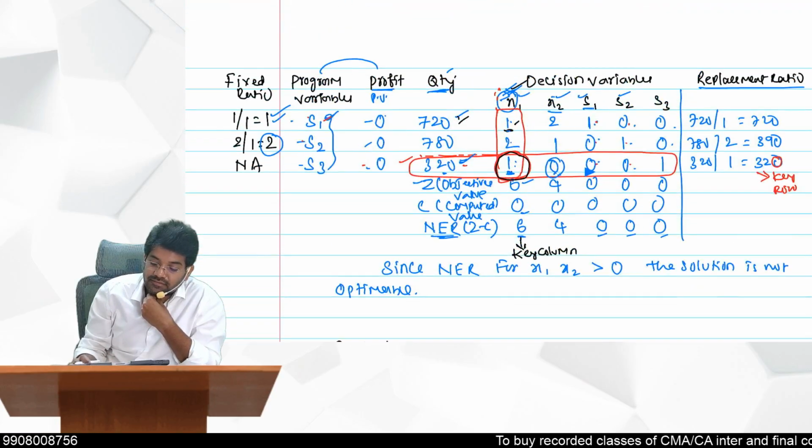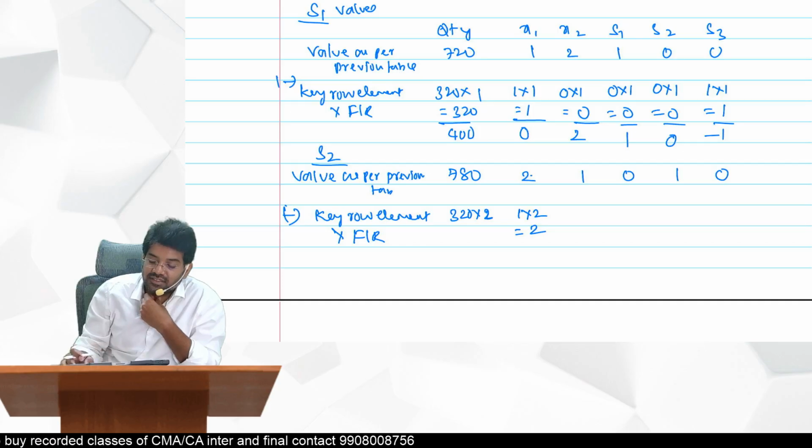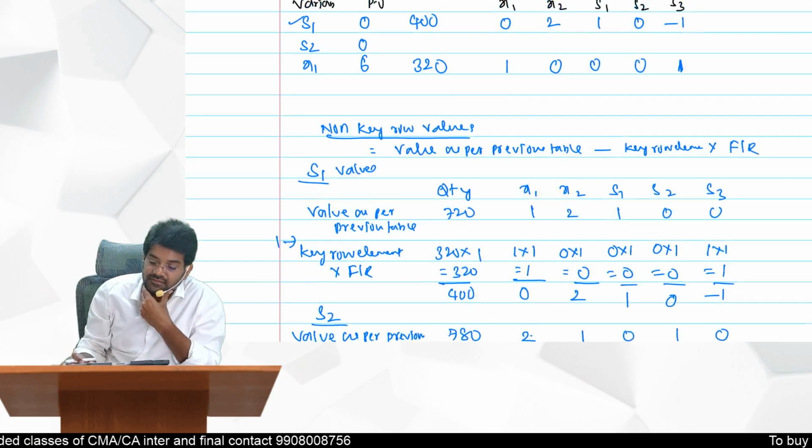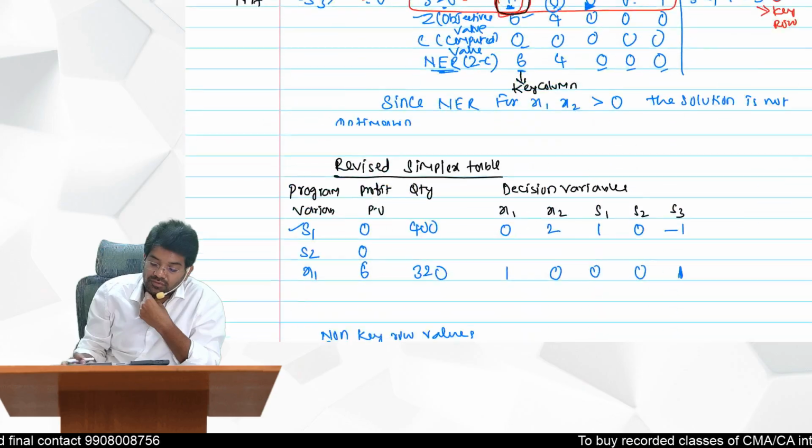Here, 1 into 2. So 2. You can see that 2 minus 2 will become 0 here. Next one is 0 again. 0 into 2.